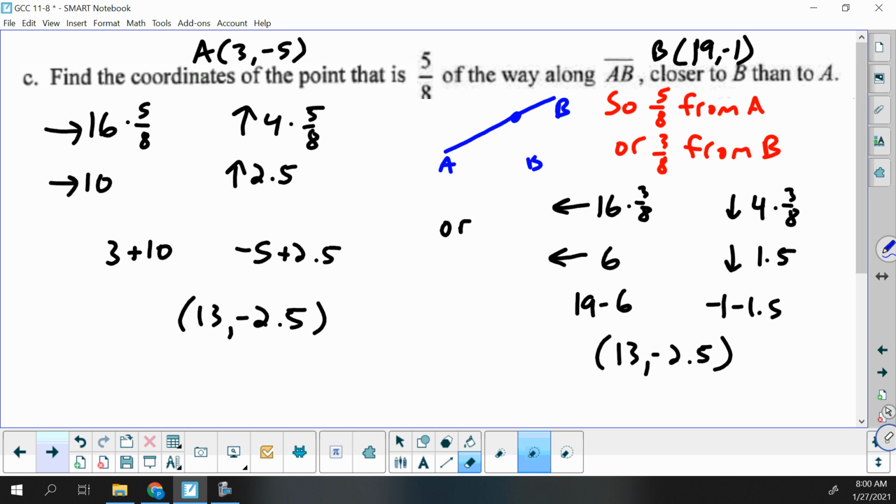So you went left 16 and down 4. From B, it would be 3/8, so you'd have 6 and 1.5. If you go left, you're subtracting from the x value of B, so 19 minus 6 gives you 13. If you're going down, you're subtracting from the y value, so -1 minus 1.5 gives you -2.5. You didn't have to do both those, you just had to do one or the other. There was two options of how you could handle it.